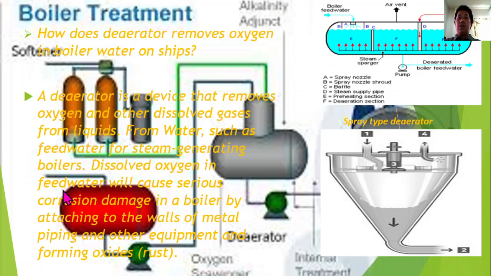Dissolved oxygen in feed water will cause serious corrosion damage in a boiler by attaching to the walls of metal piping and other equipment and forming oxides or rust. So we have here the deaerator.